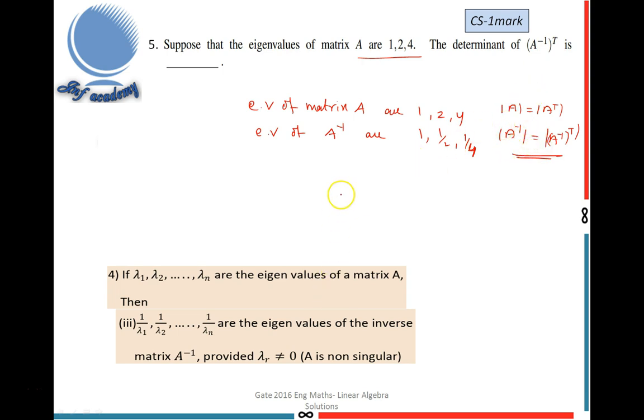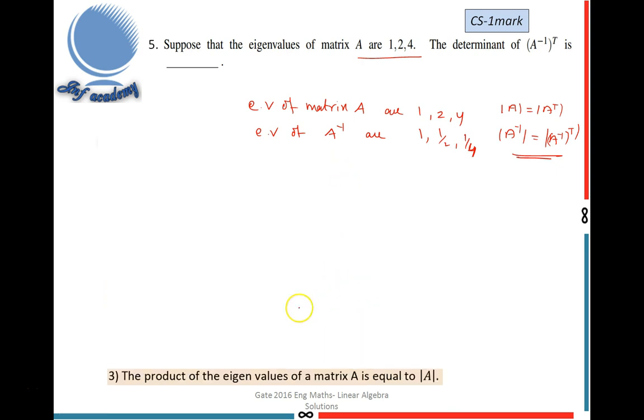So, and again I use one property of eigenvalues, that is the product of the eigenvalues of a matrix A is equal to the determinant of A. So the determinant of A inverse equals the product of the eigenvalues of the matrix A inverse. What are these? 1 into 1 by 2 into 1 by 4.